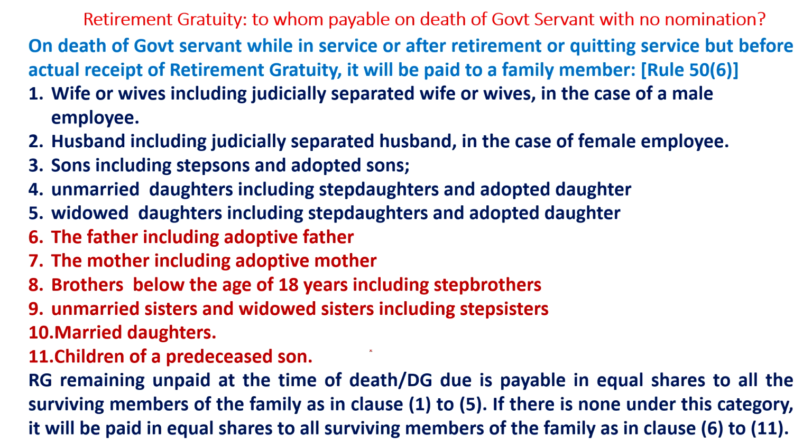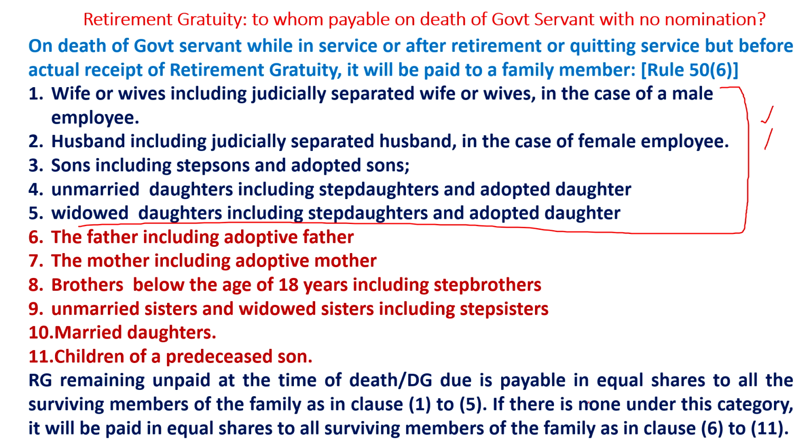However, the retirement gratuity remaining unpaid at the time of death or death gratuity due is payable in equal shares to all the surviving members of the family in clauses 1 to 5. That means whenever such amount is not paid, the amount will be paid to all these 5 members in equal shares.